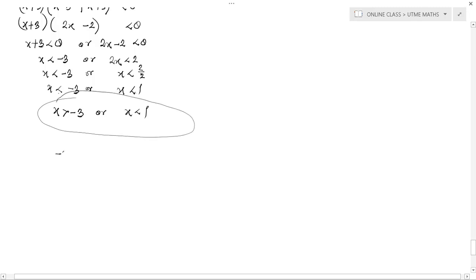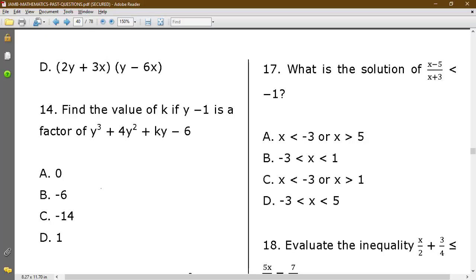That means it is minus 3 less than x or x is less than 1. So the final answer here can be like this. If they write it like this, fine. Or they give you as a convergent value, minus 3 is less than x and x is less than 1. So let's see the way they wrote the answer there.